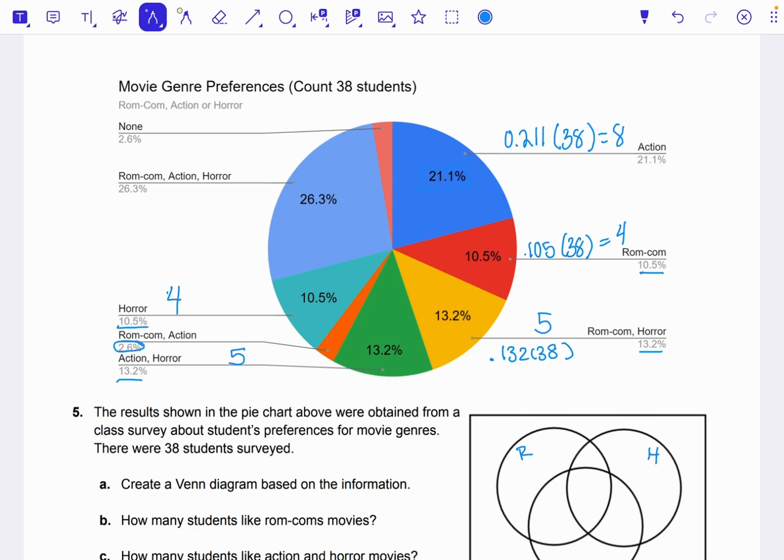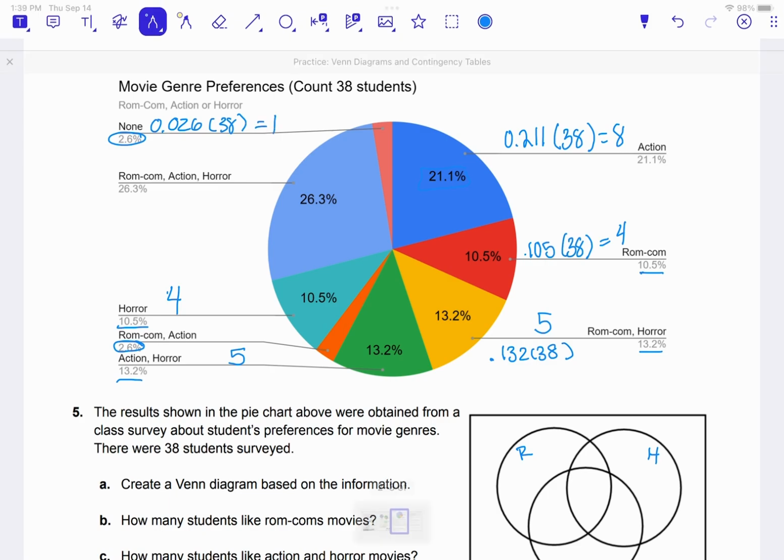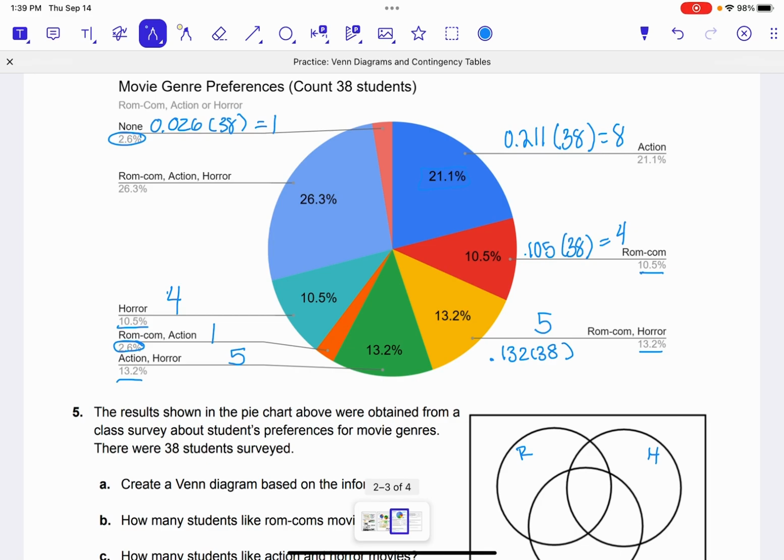Notice we got multiple 2.6% as well. 0.026 of 38 means that was just one student. So we got one student who liked rom-com and action only. And I could calculate the 26.3% or do a little bit of math. So 1 plus 4 is 5, plus 1 is 6, plus 5 is 11, 16, 20, 28, which means there are 10 students left in that final group.